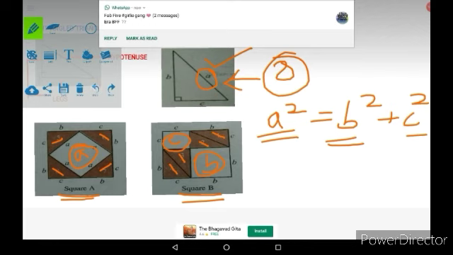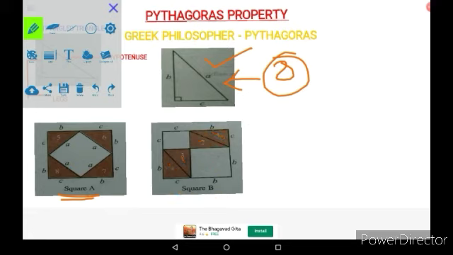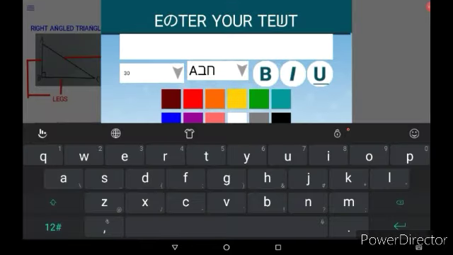So now I am clearing the whole screen. Let us just type what we have understood.